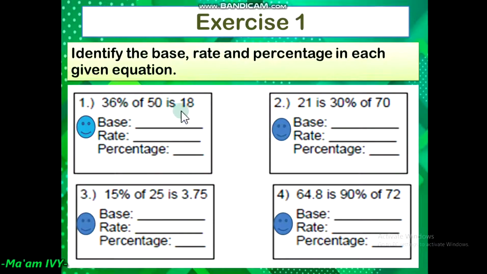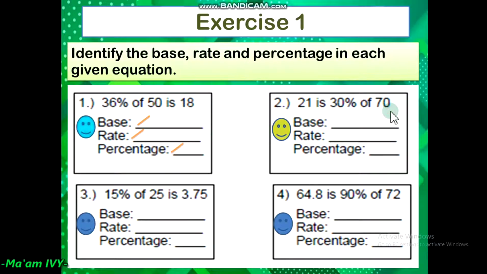In this statement or equation, identify what is the base, which is the rate, and which is the percentage. Of course, our clue for the base, we have the word of. For the rate, we have the clue, the percent sign. And for the percentage, we have our clue with the word is. You can do it, kids.